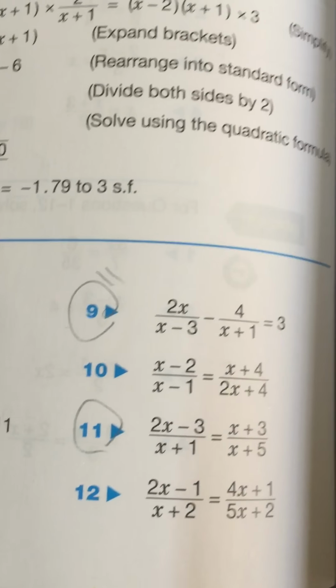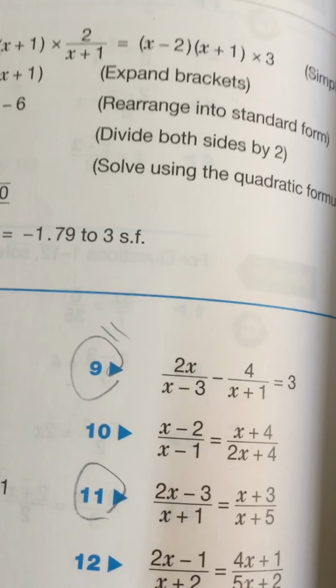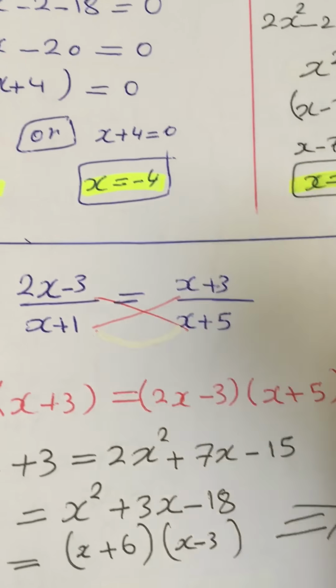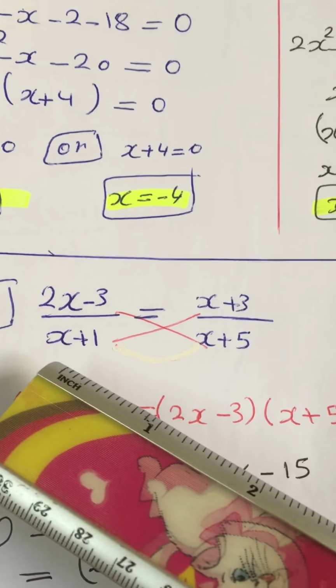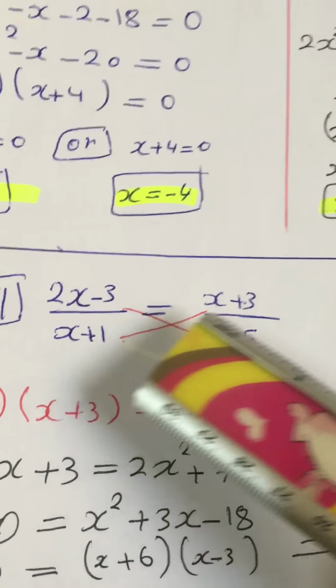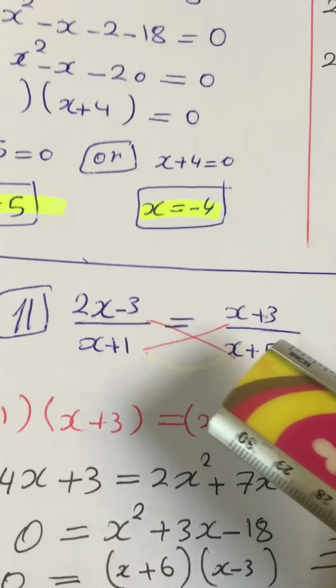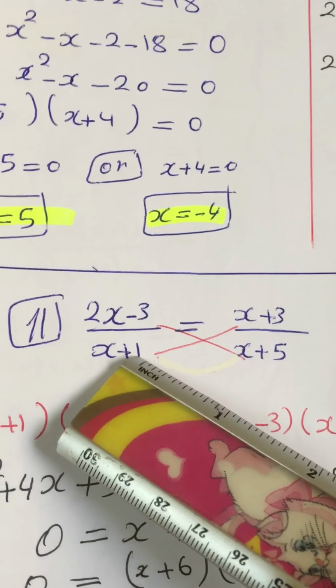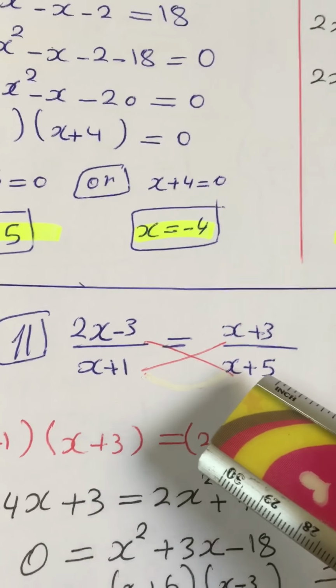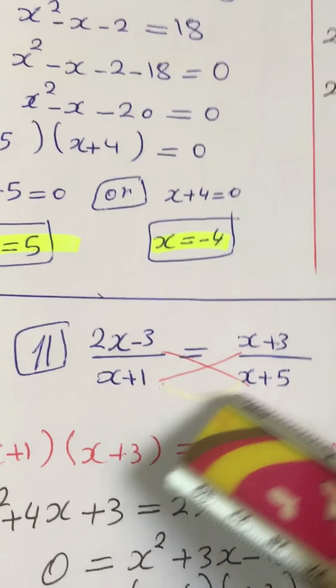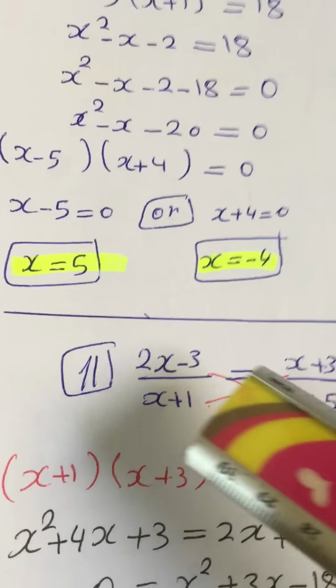From exercise 6, page 370, I solve number 11. In number 11, we have 2x minus 3 over x plus 1 equal x plus 3 over x plus 5. You can take x plus 1 in brackets, multiply x plus 5 in brackets, and multiply it here and there.